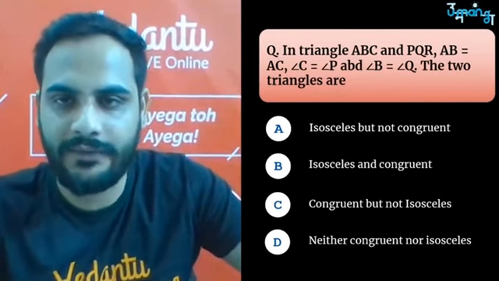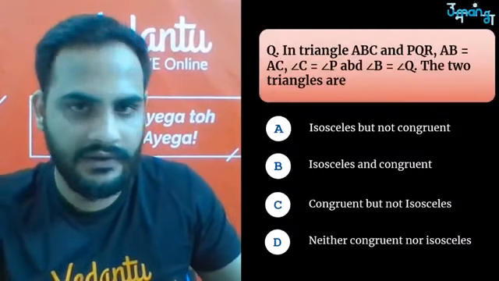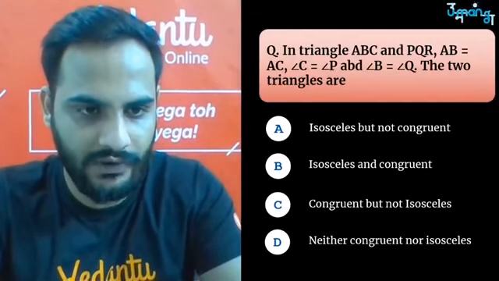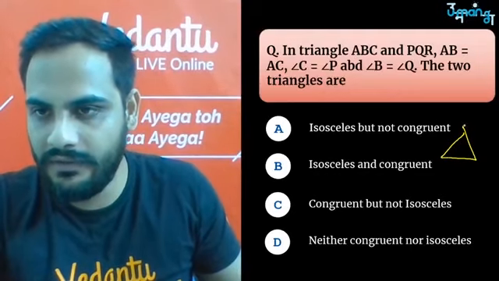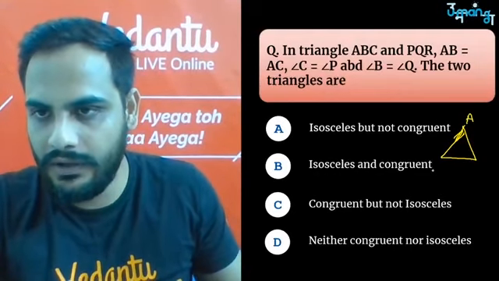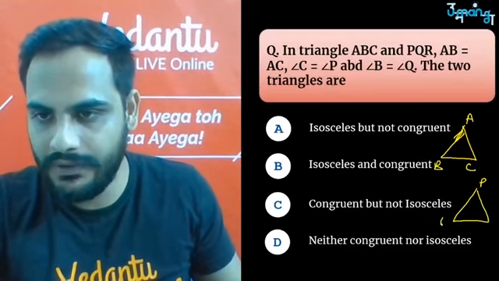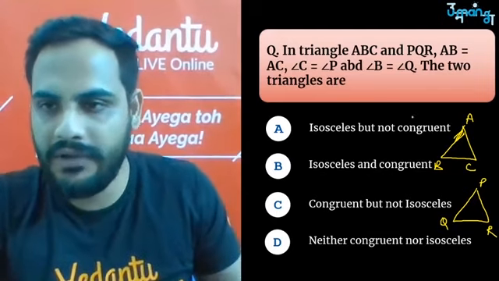Right? So look, if I have two triangles, let's say triangle ABC and triangle PQR. Now they are saying AB is equal to AC.